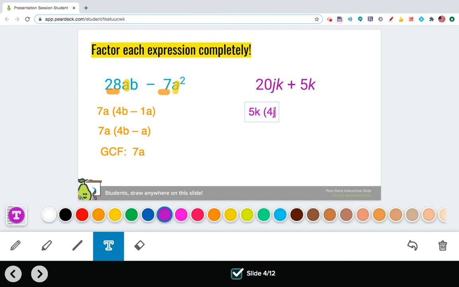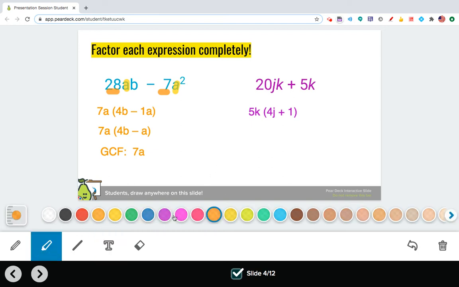That would be 4j. 5k times what is 5k? A lot of students forget to complete it with the plus 1. So let's highlight that so you don't forget. It's really important that you include that plus 1 or sometimes a minus 1. That's the factored form.